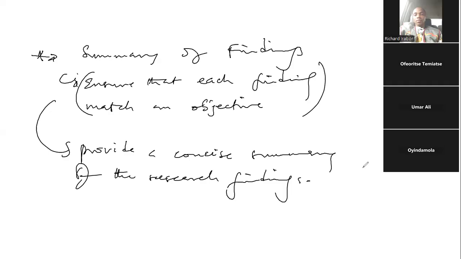So if any of the objectives happen not to be met in the research, it means that the research engagement is inconclusive. So technically, you still have to continue with your research till you are done. Does that make sense, please?